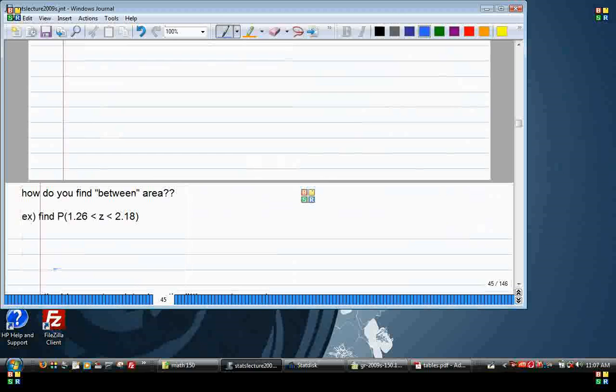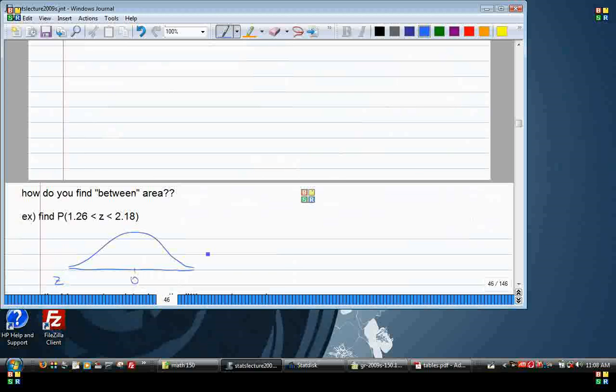So let's draw the picture. So here we have a picture. What should we label on it? And where does 0 go? Okay. And 0 goes in the middle for what? This is a z-score, so make sure you label that this is a z-score.